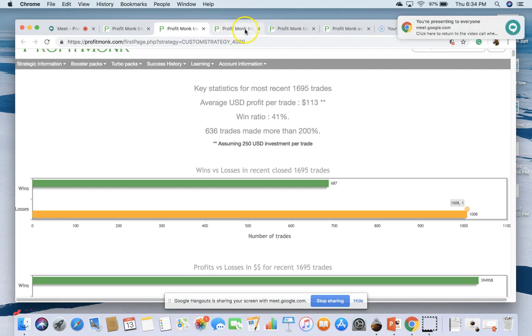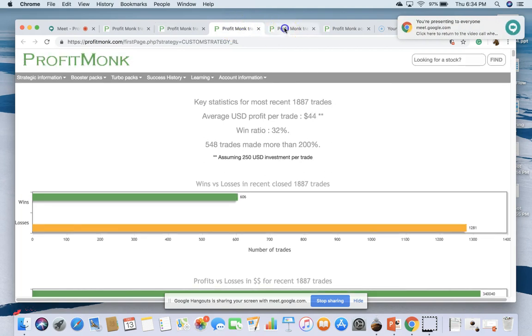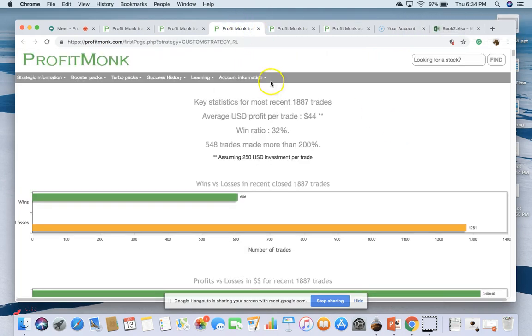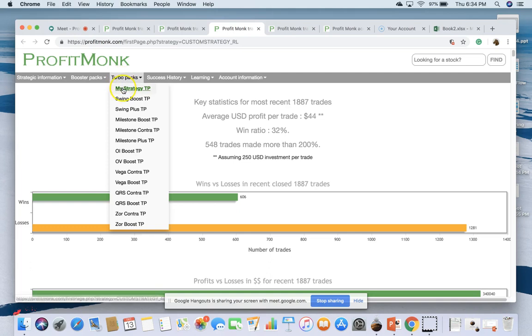The agenda item that we want to focus on today has to do with these pages, the My Strategy pages for each of the strategy packages.